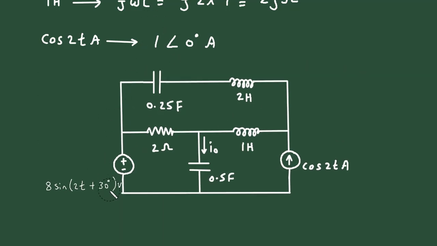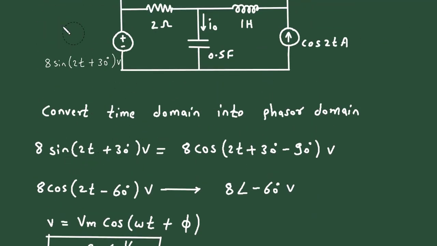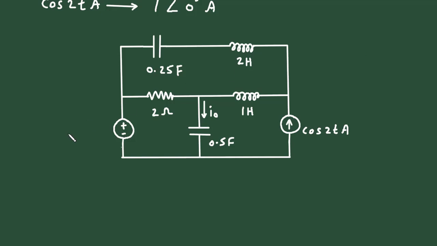Now we can change this value. So 8 sin 2t plus 30 degree volt will change to 8 at an angle minus 60 degree volt. This 2 ohm will remain same.